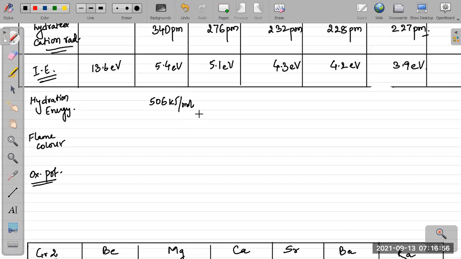For sodium it is 406 kJ per mole. Then 330 kJ per mole, 310 kJ per mole, and 276 kilojoule per mole.